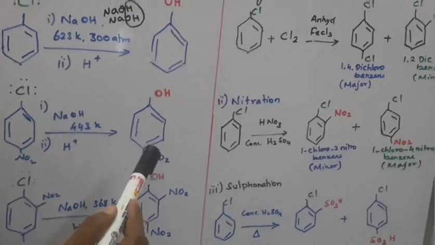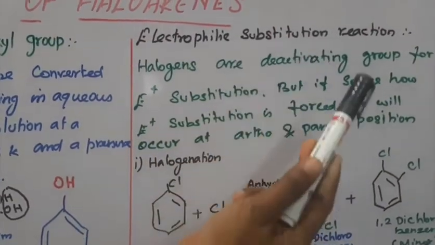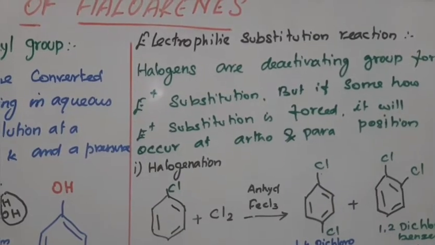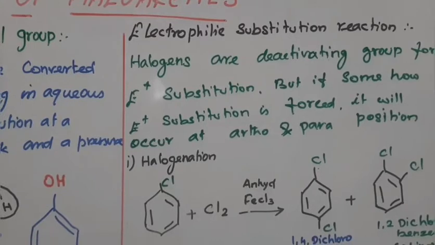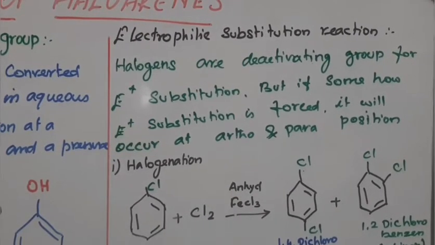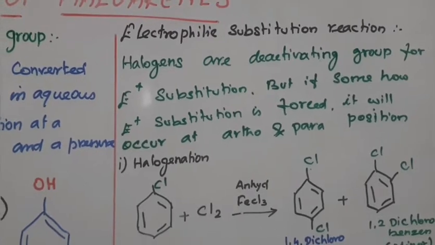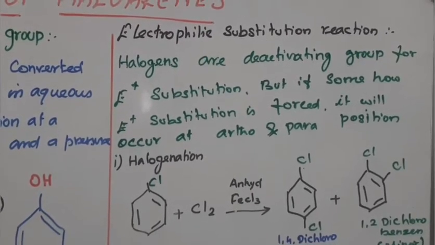Another method is electrophilic substitution reactions. Usually, students, in the previous concept we studied, haloalkanes undergo nucleophilic substitution reactions, that we studied as the SN1 and SN2 mechanisms.